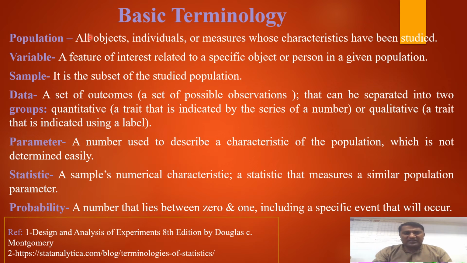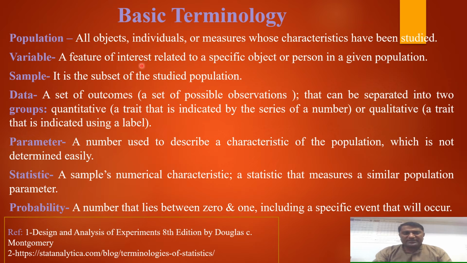So the other basic terminologies are the population: all the objects, individuals, measures whose characteristics have been studied. Say you select the dog population, that is the whole population. And another is the variable. How can you define the variable?